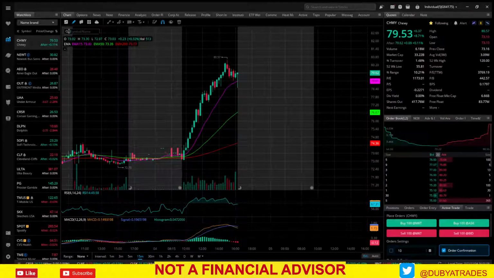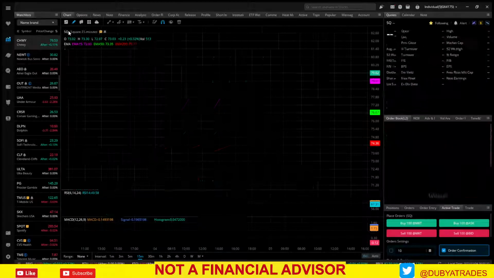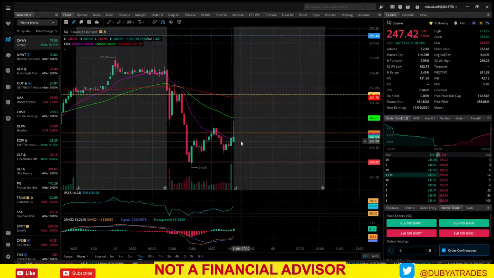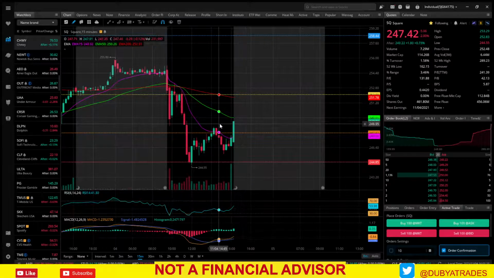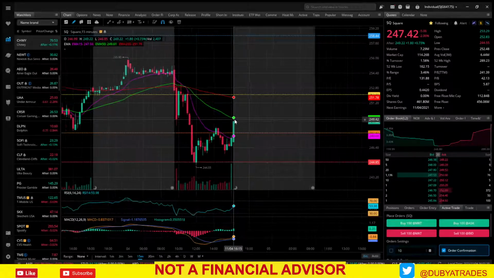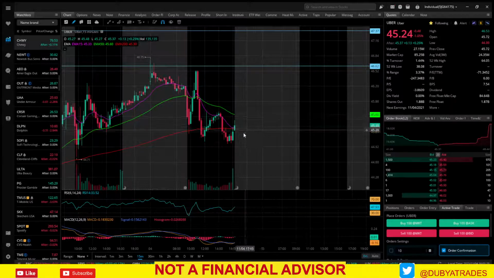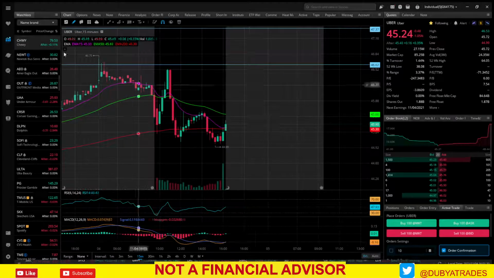Let's see what they're doing real quick. Look, Square's going up. Watch, I'm going to regret not playing it now. What is Uber doing? Uber's still undecided what it wants to do.